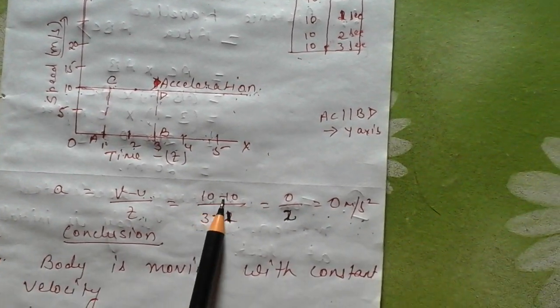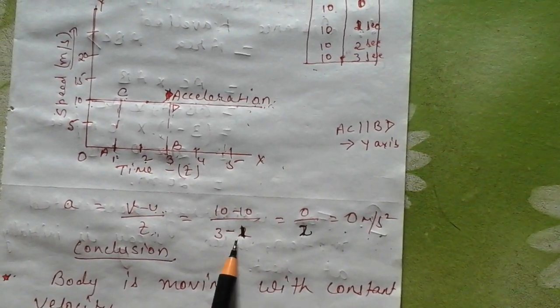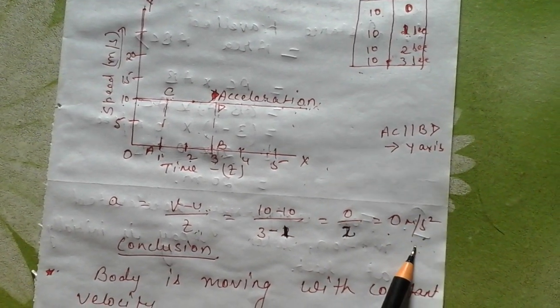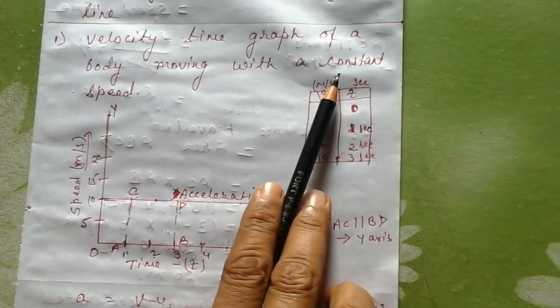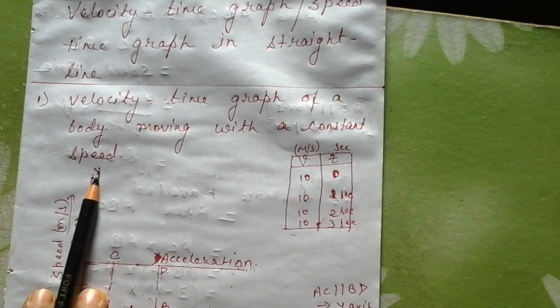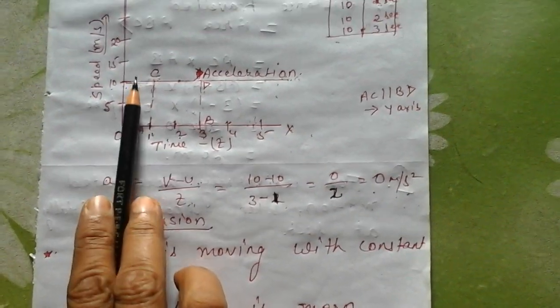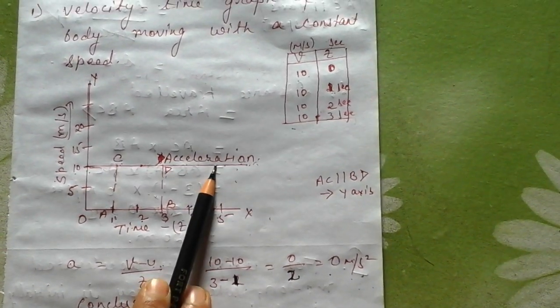Here you see, 10 minus 10, time is 3 minus 1, that is 2, so 0 by 2. It is 0 meter per second square. So acceleration is 0. When a body is moving with constant speed, the velocity-time graph indicates 0 acceleration, constant speed, and the slope is parallel to the time axis.